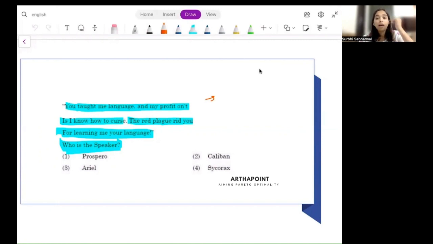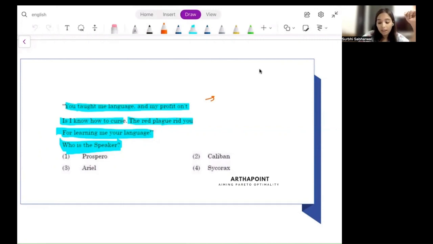Now, even if you do not know who exactly is the speaker, but if you know who the writer is and what is the plot of the drama or the story or the poetry, anything, it will become very easy for you to identify the speaker. Therefore, it is very eminent for you to know the plot.